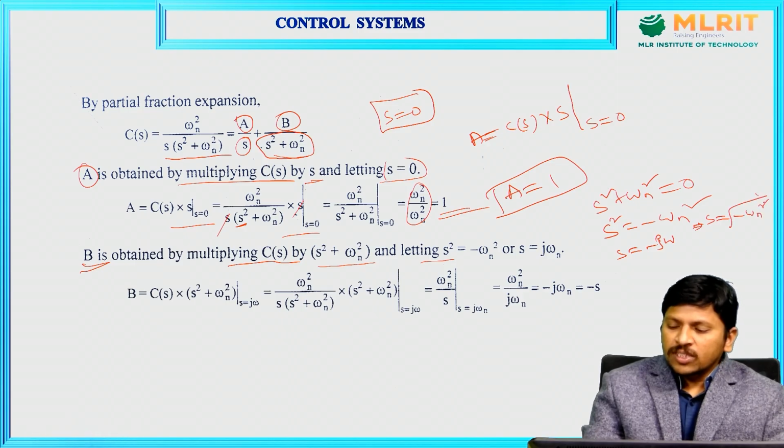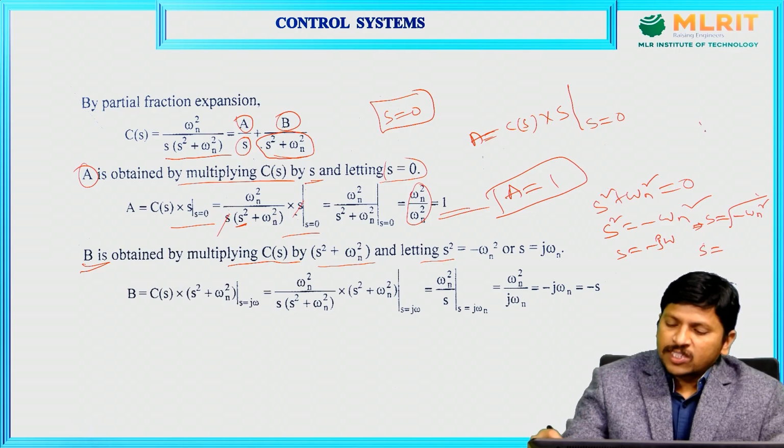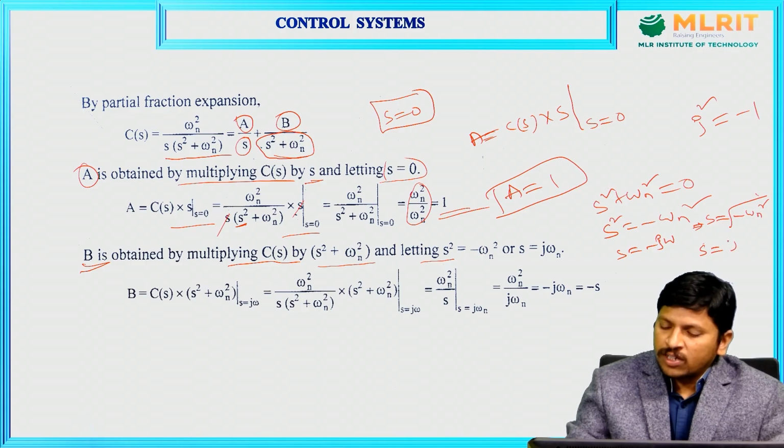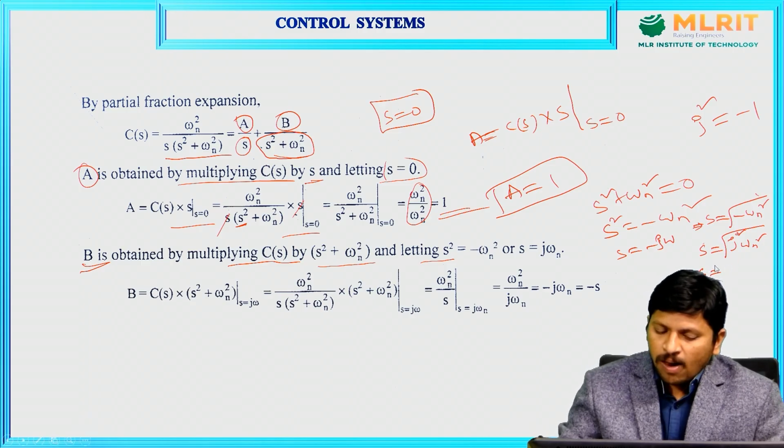Here minus j square equals to minus 1, so minus 1 into omega n square. Directly I am going to write j square and omega n square. Square and root both get cancelled. So S equals to j omega n.